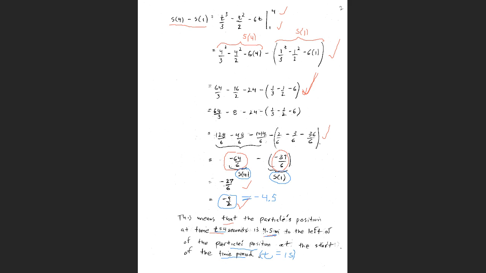That's your displacement. We're not analyzing how the particle moved. We're just saying that after this 3 second time period, between 1 and 4 seconds, the particle has moved 4.5 meters to the left from when it started.